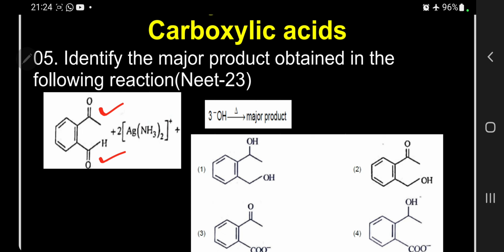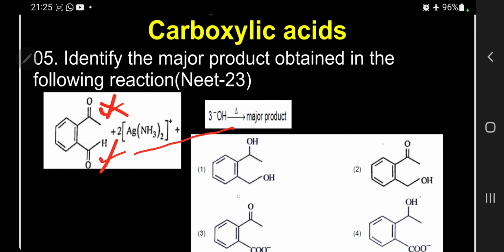So, we are treating with a weak oxidizing agent, that is Tollens reagent, silver nitrate and ammonium hydroxide, on mixing will give silver oxide, a weak oxidizing agent. So it oxidizes only the aldehyde group but not the keto group. So what will happen? It will oxidize only the aldehyde but not the keto.